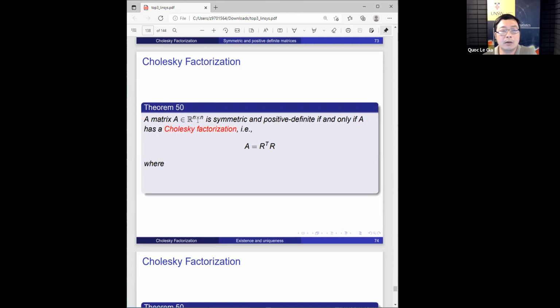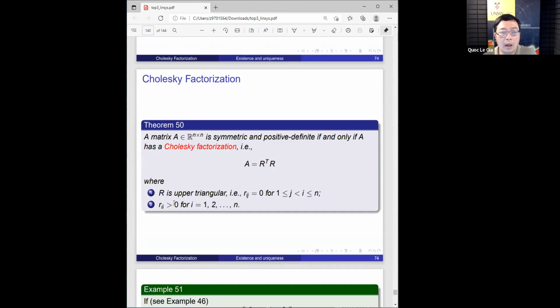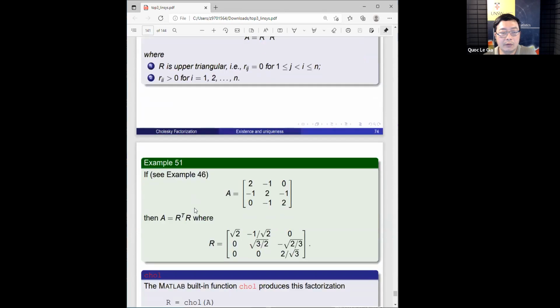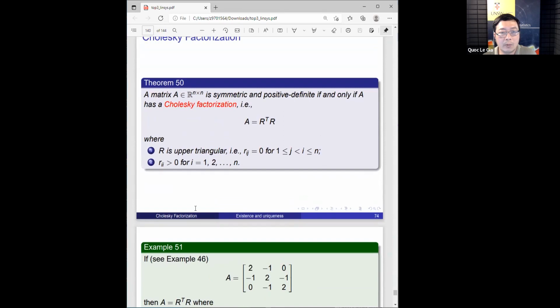The Cholesky factorization is A written as R transpose R, where R is an upper triangular matrix and all the diagonal entries of R are positive.